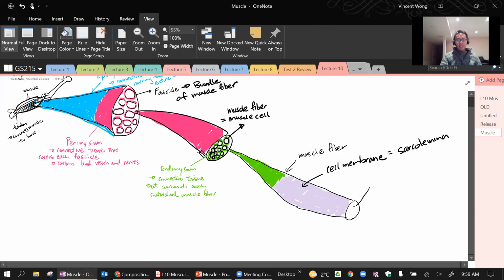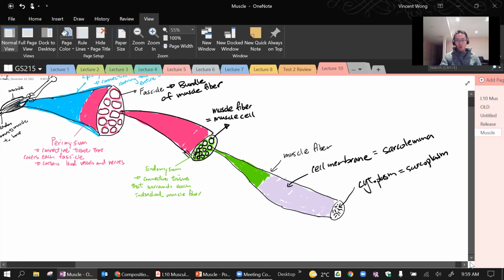So on the inside, we have the cytoplasm, or the sarcoplasm. And one last time, within the entire cytoplasm, you're going to have many, many smaller things.